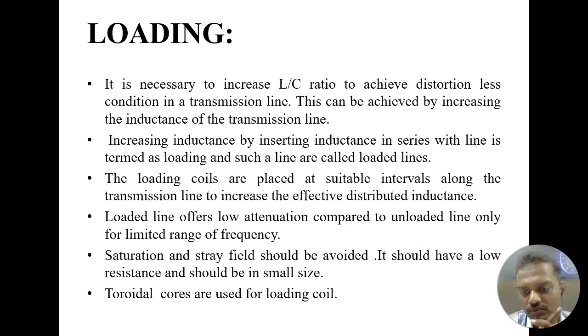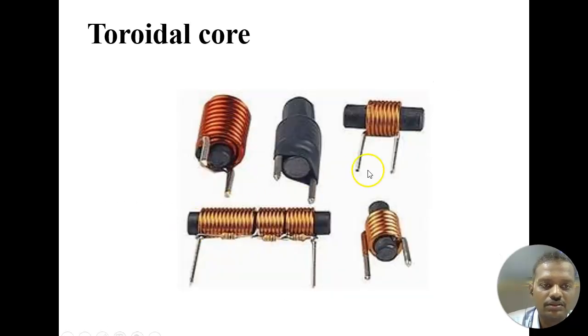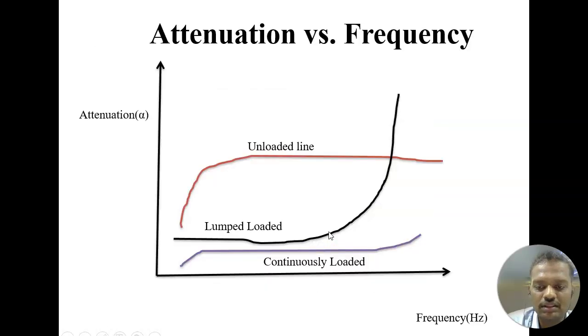In another method, by introducing loading coils, toroidal cores can be used for loading coils, by which you can increase the inductance to capacitance ratio. So these are the toroid coils by which you can improve the inductance in a transmission line.